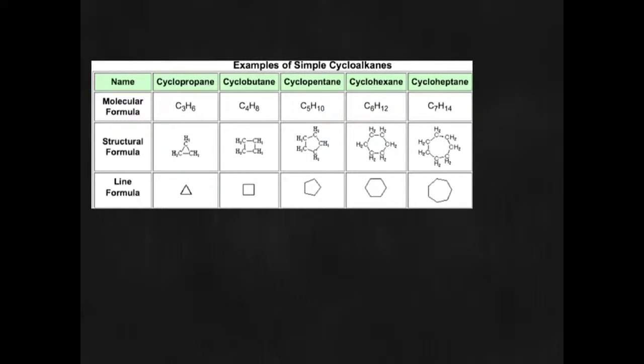Table to help you understand the different formulas there are. So if you saw the molecular formula and it was asking for the line formula, that'd be simple. If you didn't know it, you can write down your given. So it's C3H6, and then what that's going to look like is just a triangle.